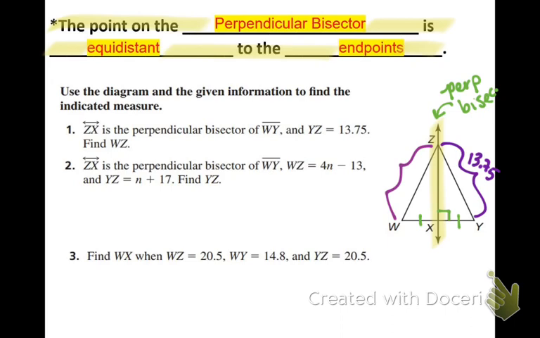Well, if you remember the property, if a point is on the segment bisector, which Z is, it is equidistant to the 2 endpoints. So if YZ is 13.75, that means WZ is also 13.75. So there's our answer.